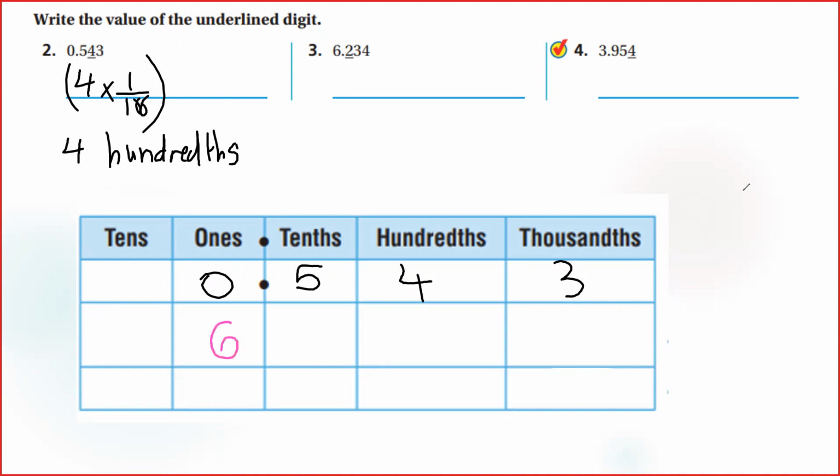Now, Jumana. The table, no, it's not in the book. But the 2, 3, and 4, yes. Number 3 now. Yes, Jumana. 6.223. 6 and 223. What's the value of 2?